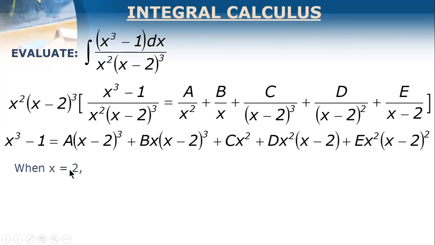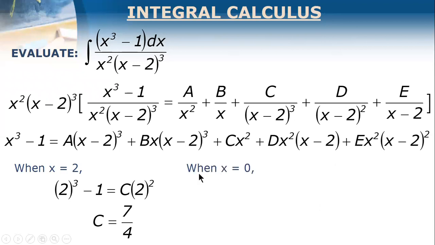So if you substitute when x is equal to 2, first term is 0, second term 0, fourth 0, fifth 0. And therefore, we can solve for C. So substitute x equal to 2, 2 cubed, 8 minus 1, that's 7, and then 2 squared 4. So we have this, and C is equal to 7 over 4.